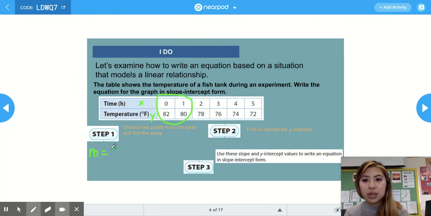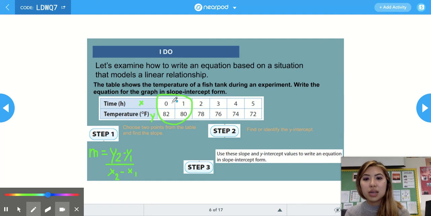We have m is equal to y2 minus y1 over x2 minus x1. Now I'm going to label the points. So 0 and 82, I'm going to label x1, y1. 1 and 80, x2, y2.